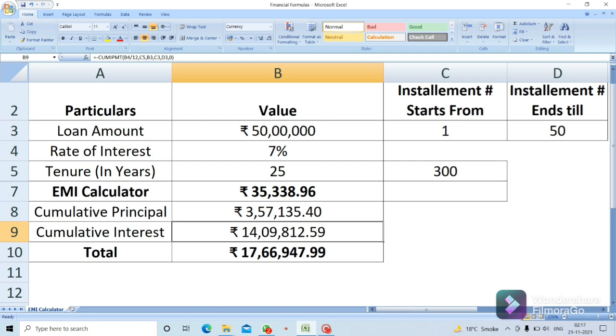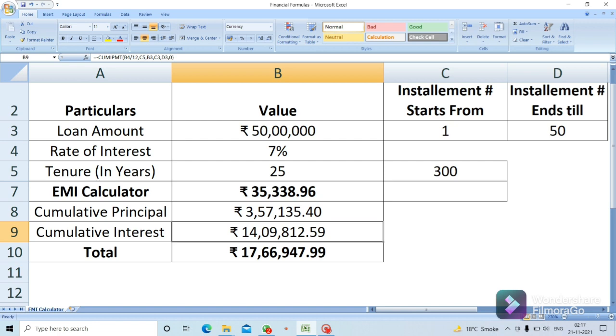The total would be 17 lakh 66 thousand 947.99 rupees. From here we can see that the principal amount is much lower compared to the interest amount.